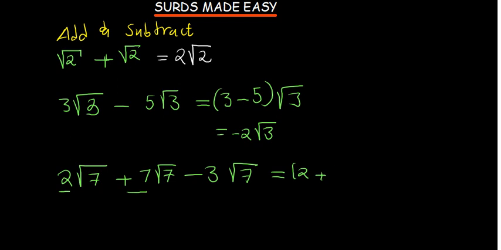I'm also going to write it. I've got this negative 3. I'm also going to write it. And then I'm going to put that in a square root of 7. So this is going to be 2 plus 7, which is a 9. 9 minus a 3, which is a 6. So it will be 6 and then square root of 7. So this is how you add and subtract surds.